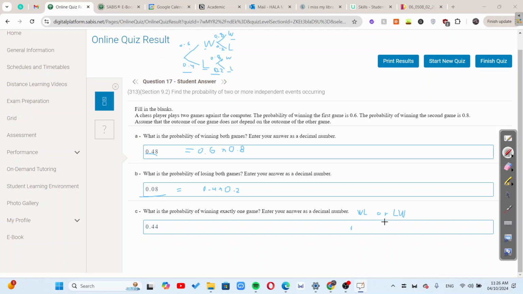You want one of these two probabilities. So the probability of winning exactly one game means win-lose or lose-win. So you're gonna do both. What's win-lose? It's 0.6 times 0.2.